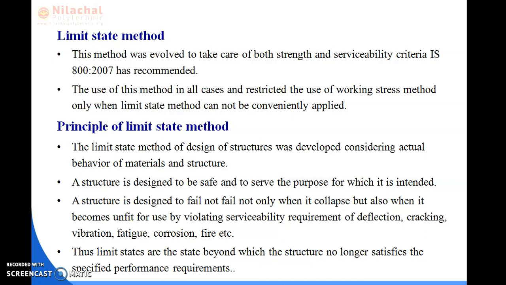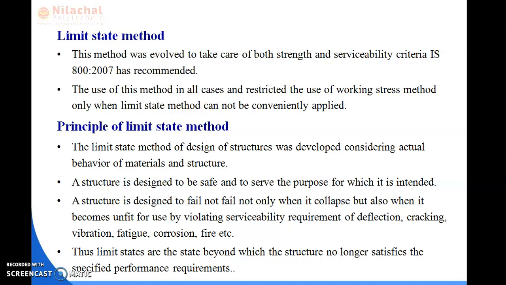The first principle is that the limit state method of design of structures was developed considering the actual behavior of materials and structure. That means in the limit state method we can consider the structure along the elastic limit as well as the plastic limit, and after the plastic limit a yield point is there.